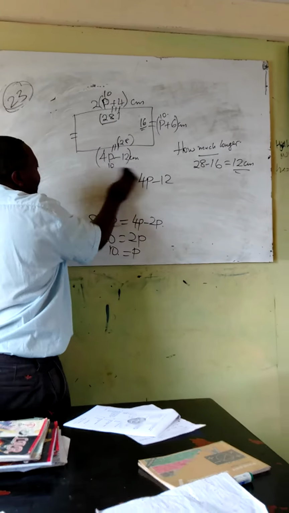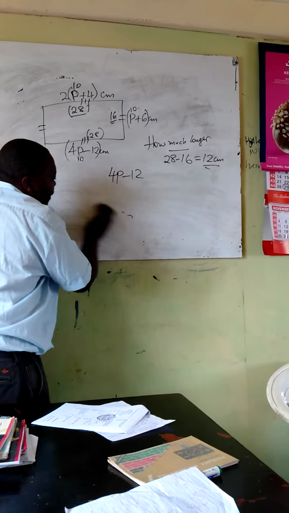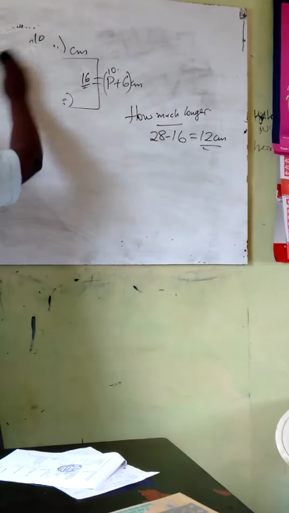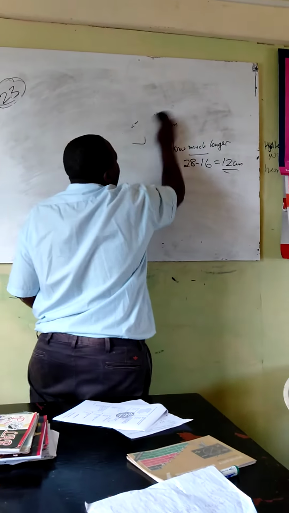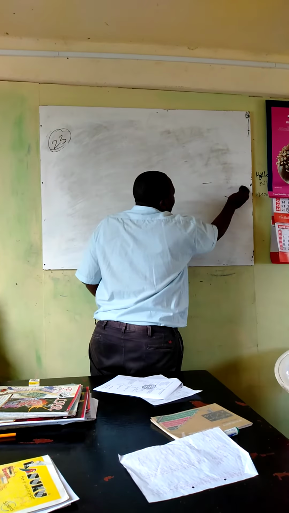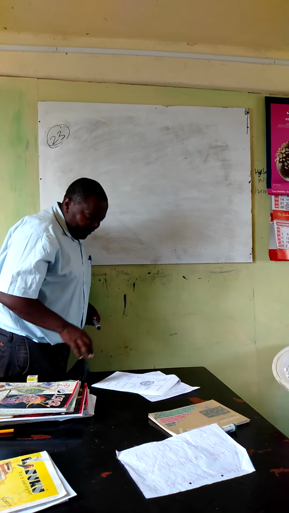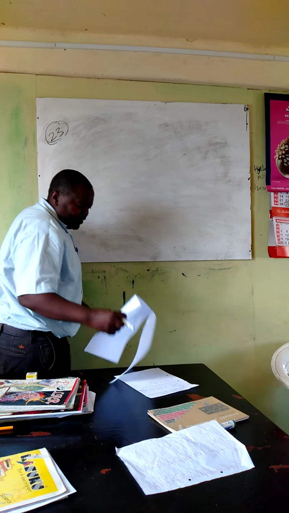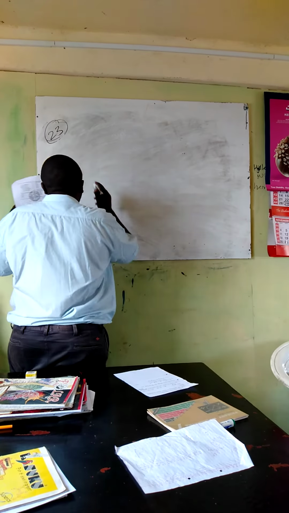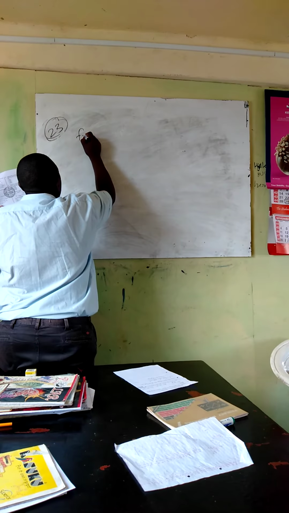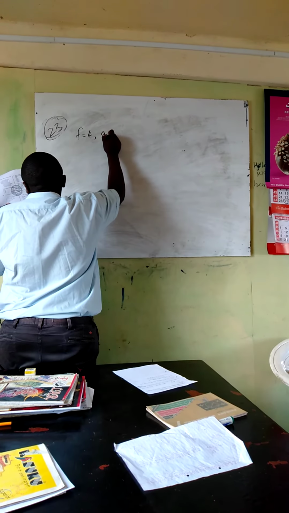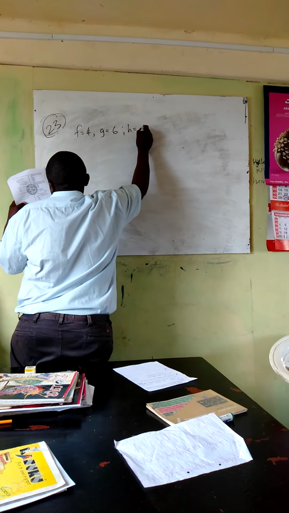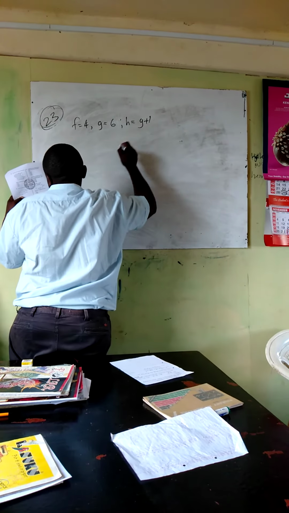Remember what I've been telling you, that in KCPE, questions on algebra will be about five or six questions. We have already done two, so we have a third one coming up in question number 24. Question 24 is algebra by substitution, and we are given f equals 4, g equals 6, and h equals g plus 1.